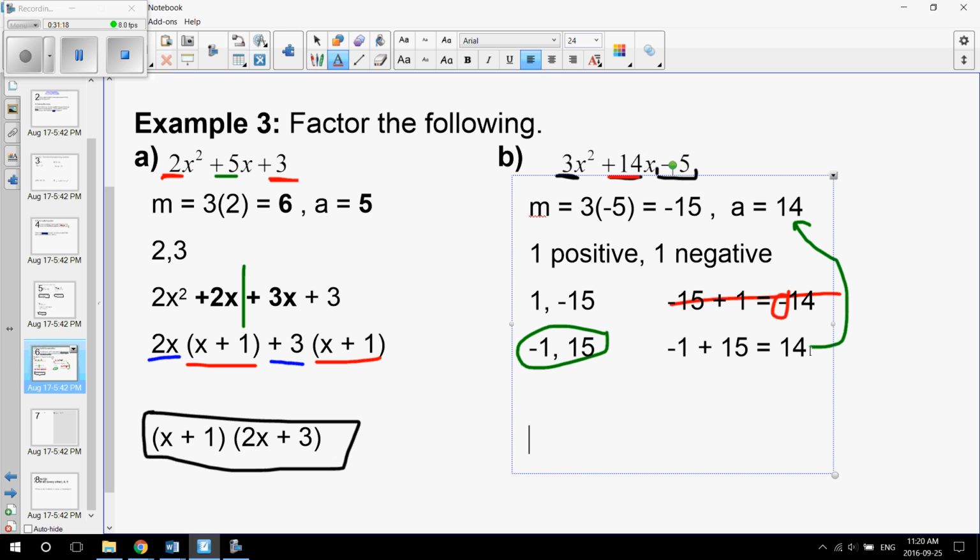Remember that our next step is to go back to our equation and rewrite our equation out, but instead of having that plus 14 in the middle, that plus 14x, we need to break it up into our two numbers. We start off with our 3x squared.